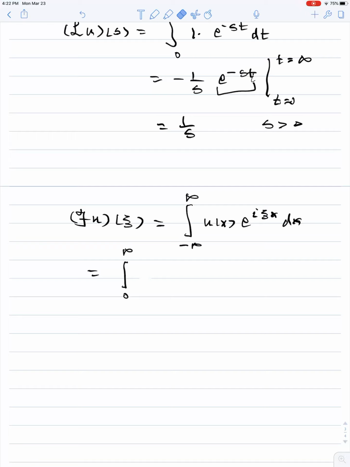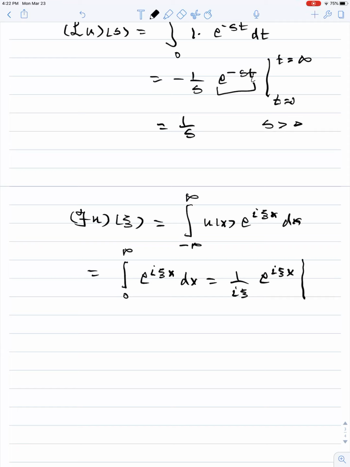So you have the integral of e^{icx} dx. Now the antiderivative is (1/(ic)) e^{icx}.